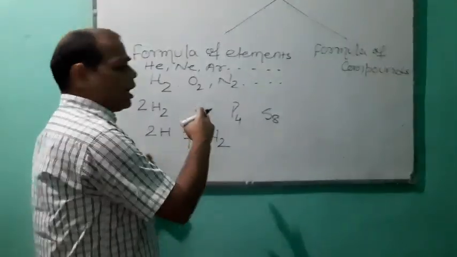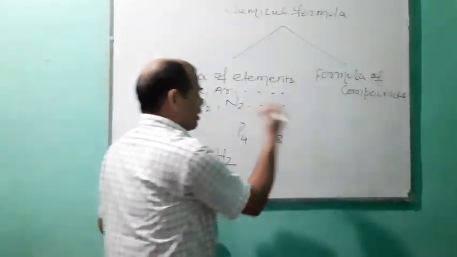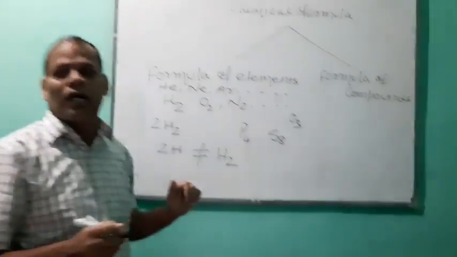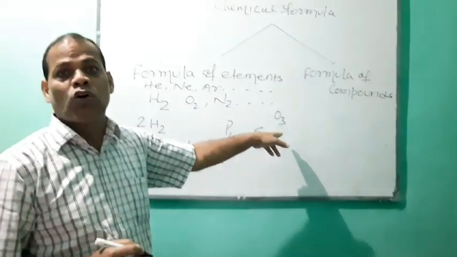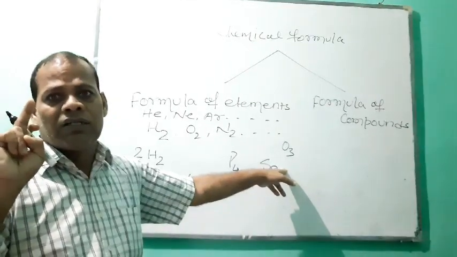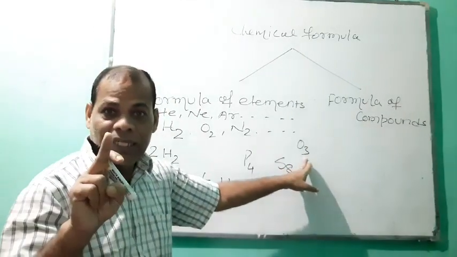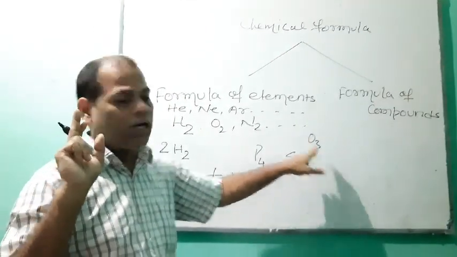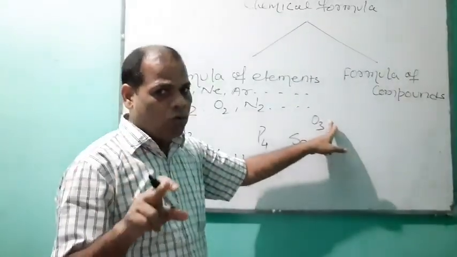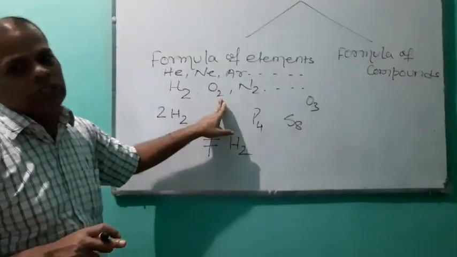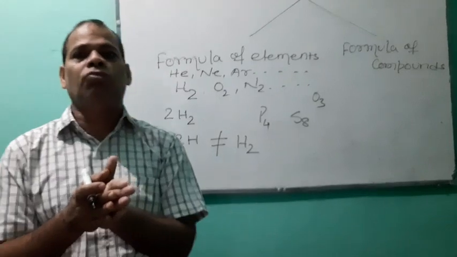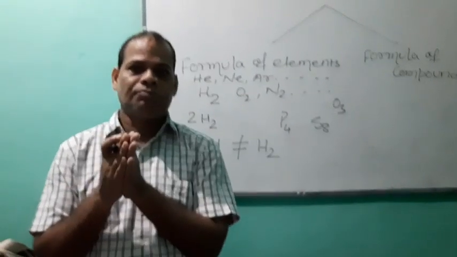Like oxygen, another form of oxygen also exists as O3, ozone. Its atomicity is 3. The normal oxygen molecule is O2, and this is ozone. So this is the way to represent the formula of elements.